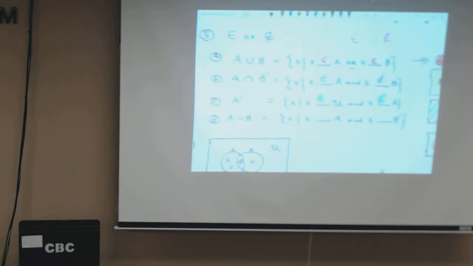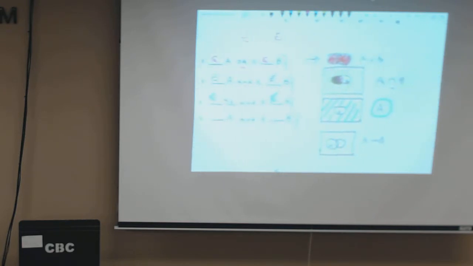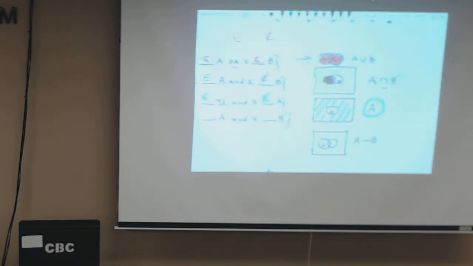D, A minus B. So I come over here, and here's A, but I subtract B. So when I subtract B, that means... didn't work. Well, I tried it just for fun.